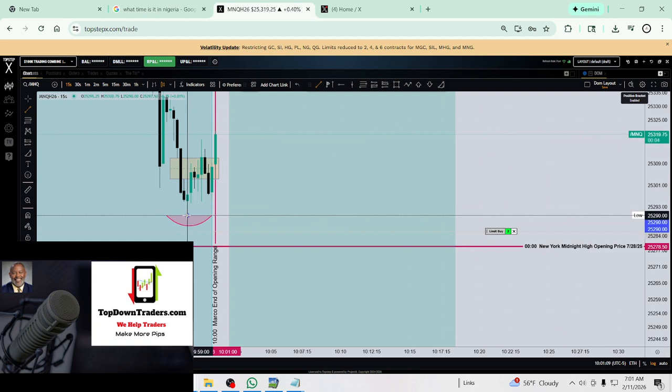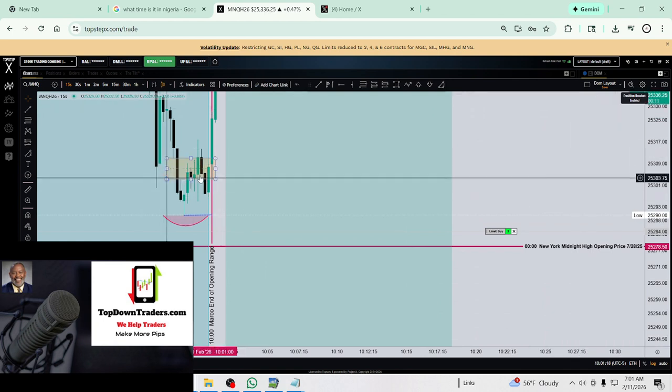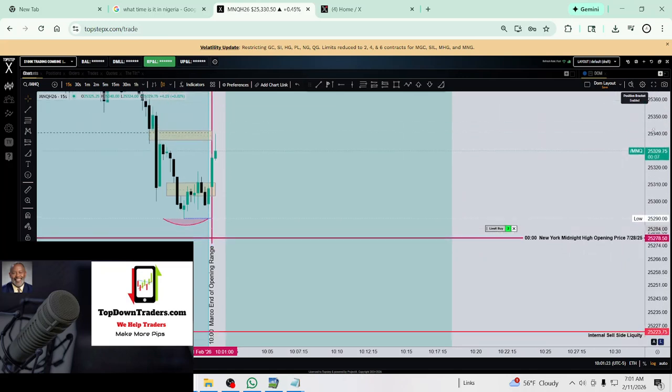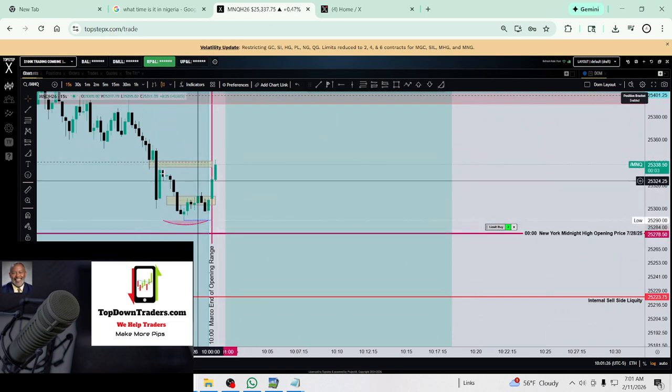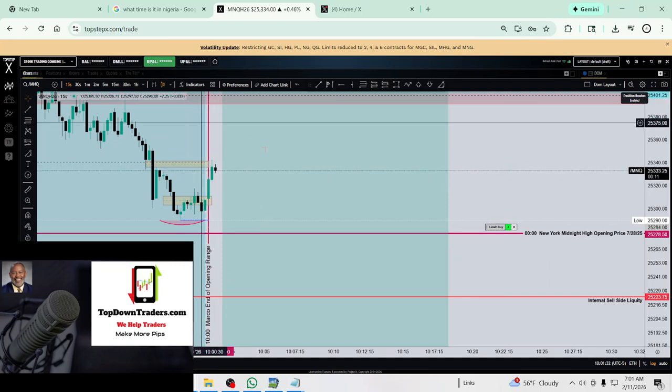If we break this low here, I might consider getting back in. But we have a breaker structure here, and we're going up to this other fair value gap, the power of 3. Let's see how strong this is. Now we are in the 10 a.m. hour now.